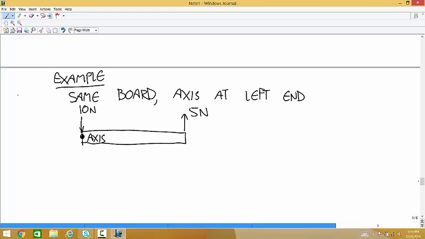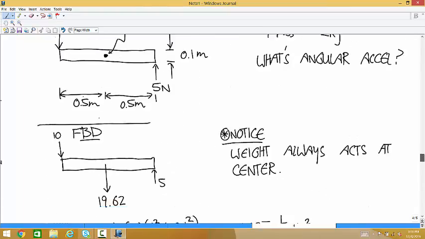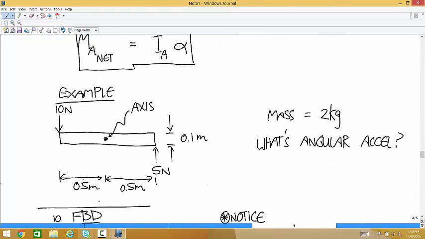So in the example before, the weight was acting at the axis, right? The weight always acts at the center, so it was acting at the axis, and the weight didn't do anything to make this thing rotate. But you can imagine, if you had a heavy rectangular board connected to the wall by a hinge at this end, its weight is going to make it want to swing down, right?